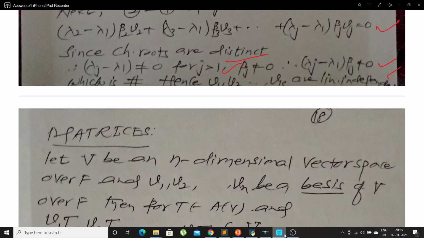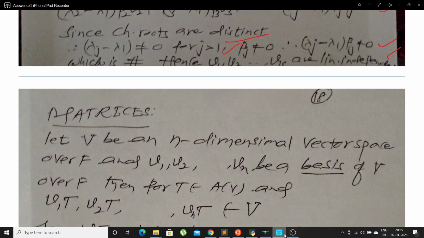Now, let me continue with matrices. You know the definition of matrices? It is a rectangular array. There you will see the rows and columns. Let V be an n-dimensional vector space over a field F. That means the set has n vectors and they form what?